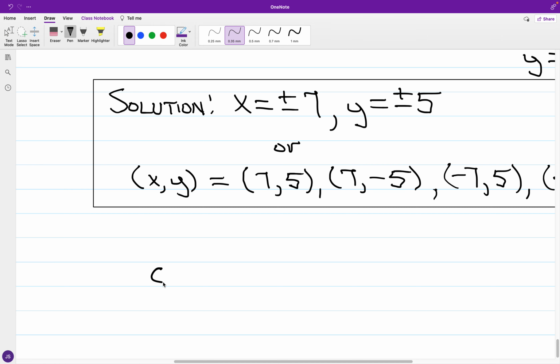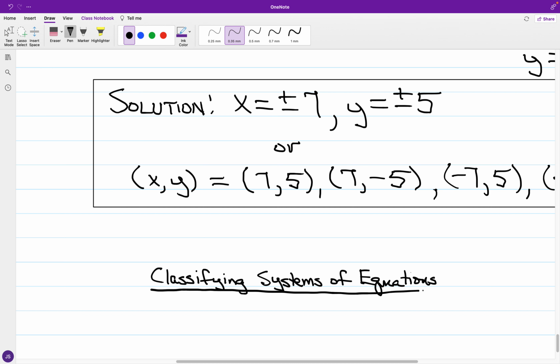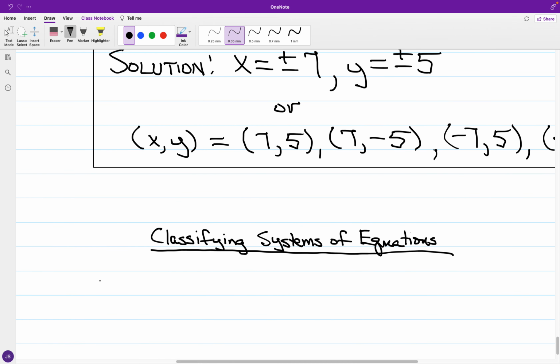Now, for classifying systems of equations, the first type is a consistent and independent system.